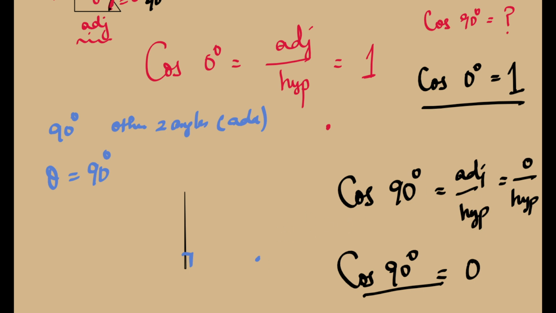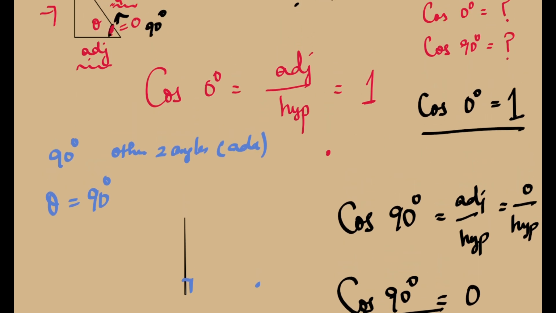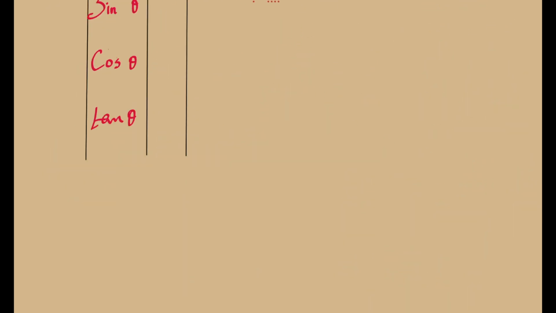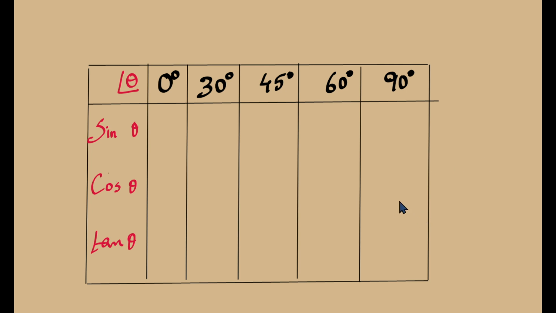Now what we are going to do is, we have created a table, and we're going to fill in the values we have found so far. What have we found so far? In the first video, we saw that when theta becomes 0 degrees, sine 0 degrees is equal to 0.